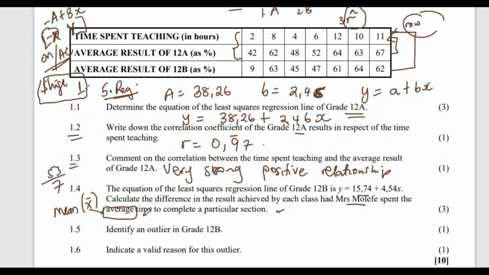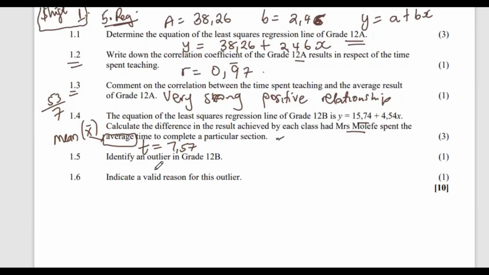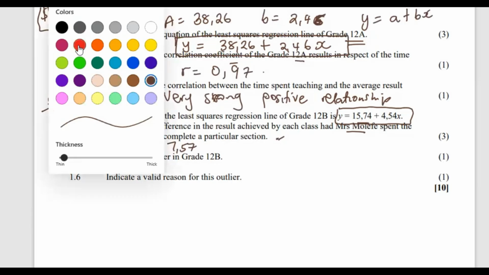So our mean time that we're talking about is basically 7.57. Now they want us to use the 7.57, substitute it into this regression equation as well as this one, and let's get the difference between the two.